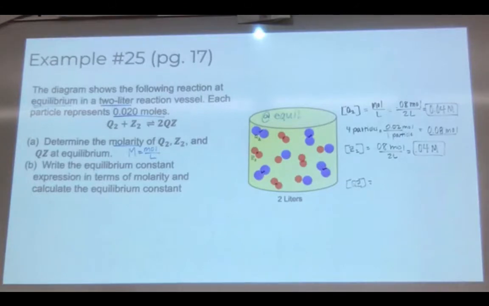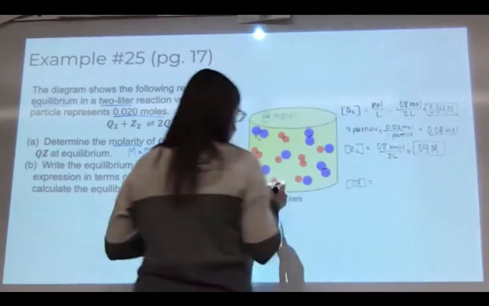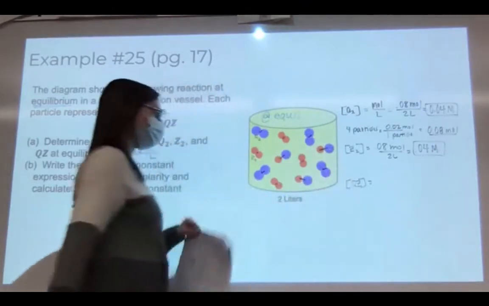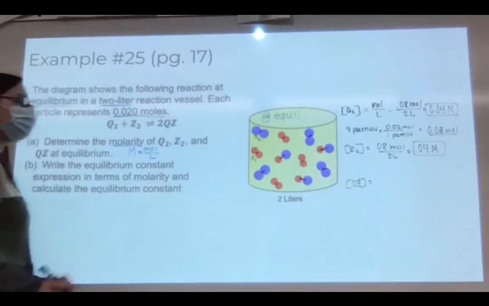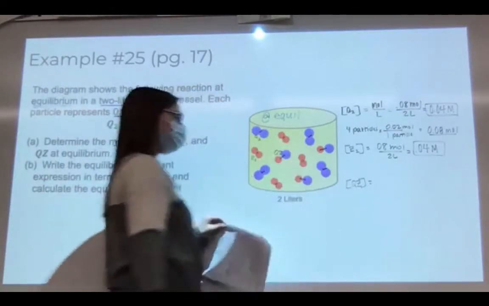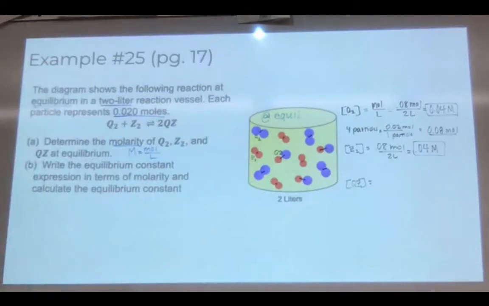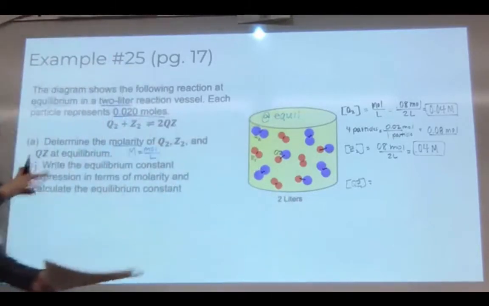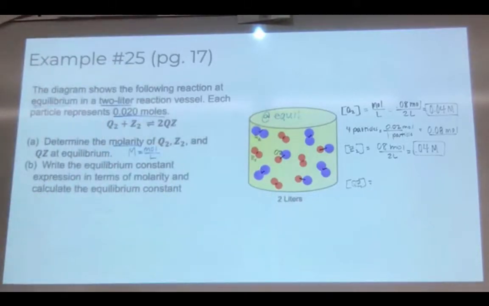Then if we look at QZ, we've got 1, 2, 3. I just like marking them differently so that as I'm counting them, it's easy for me to see how I'm counting them. You count them how you count them, but remember particle diagrams is about counting.